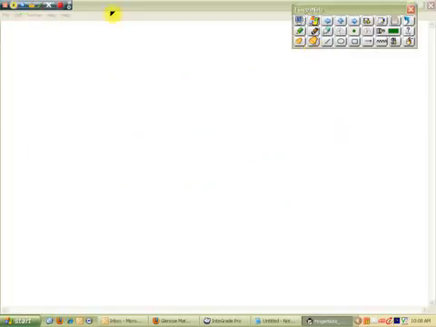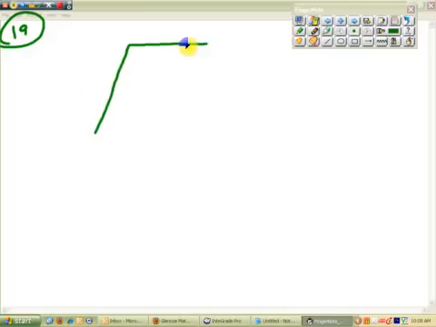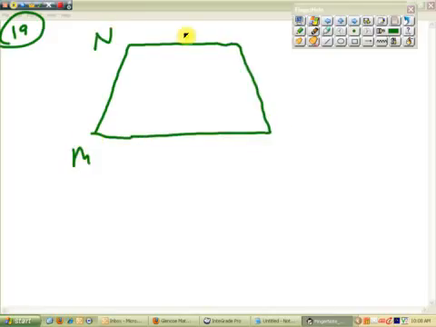So for number 19 now, it says there is an MNOP, which is an isosceles trapezoid. M, N, O, and P, with NO and MP parallel.